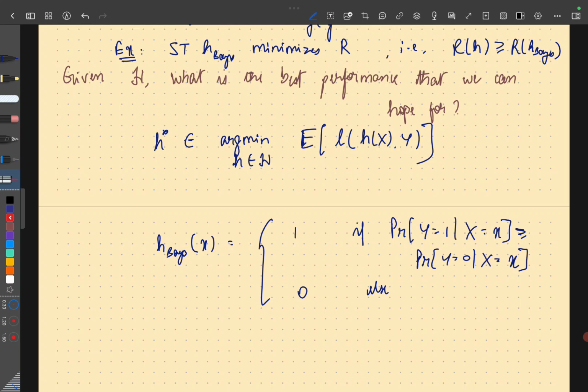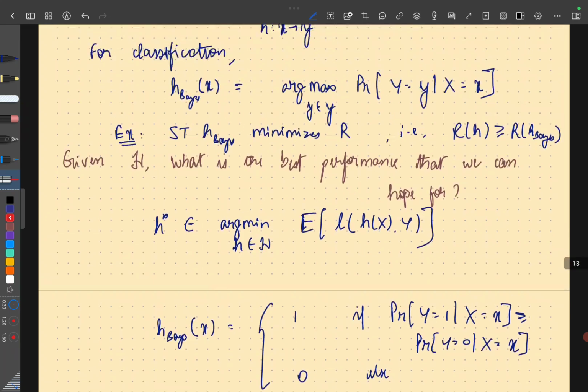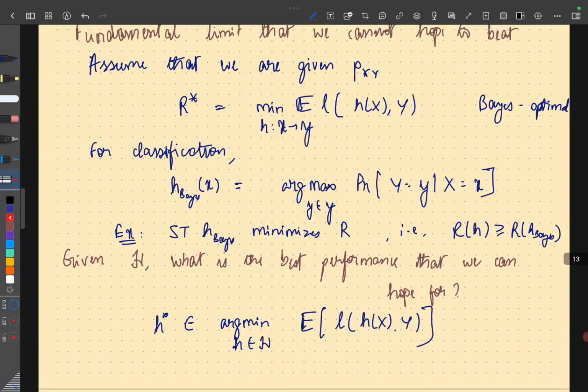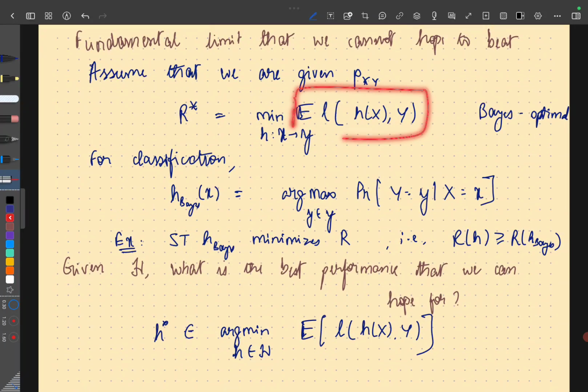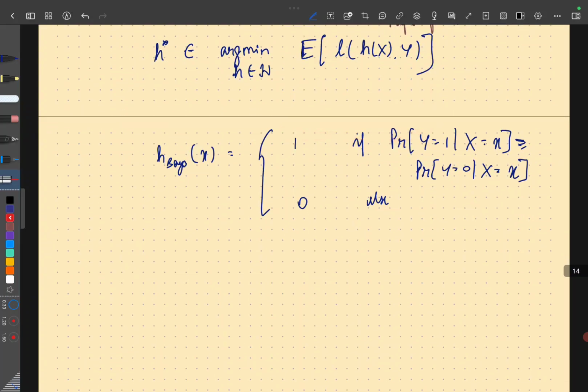Under this measure of performance, expected loss, if you want to minimize, this minimizes the probability that h of x is not equal to y, for all distributions, among all possible distributions Pxy.